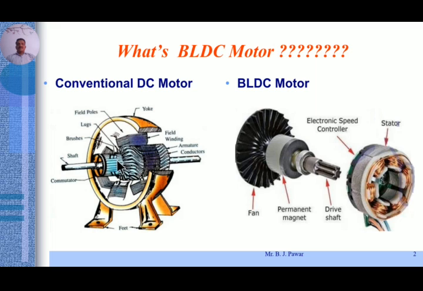So brushes and commutator are a requirement of the separately excited and permanent magnet DC motors. That's why there is a chance of wear and tear; in most cases the brushes get damaged after long use of these DC motors.